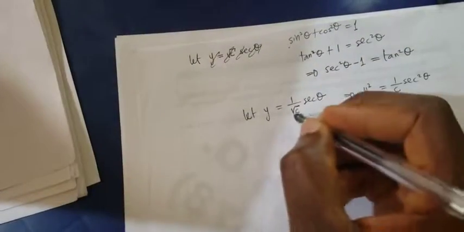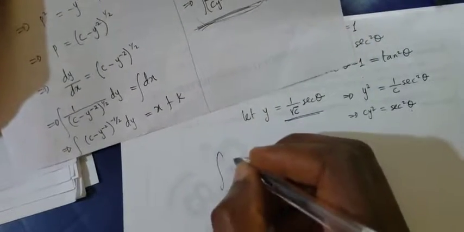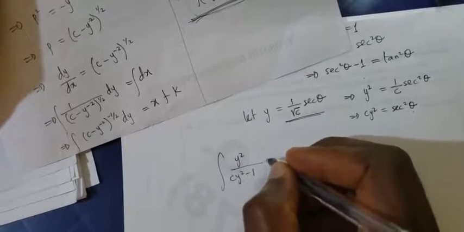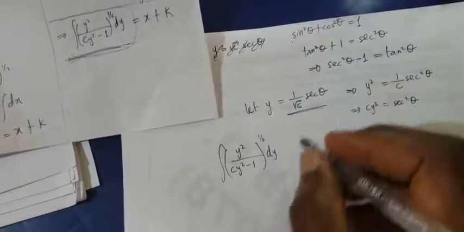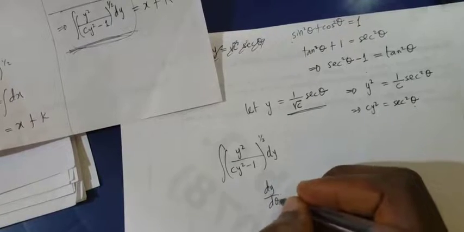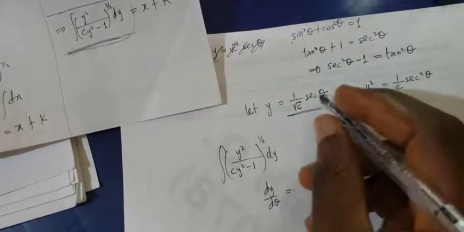So let's do this substitution first, okay? We have this to be the integral of y squared over cy squared minus 1 dy. Everything here is to the power 1 over 2 dy. So we want to use this substitution. If we are using this substitution, that means we are replacing y with something in theta.